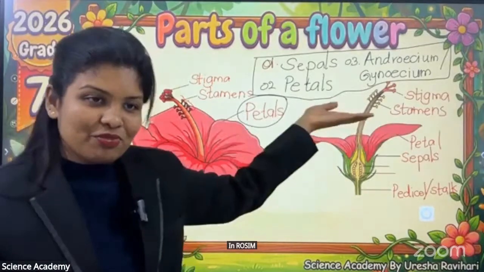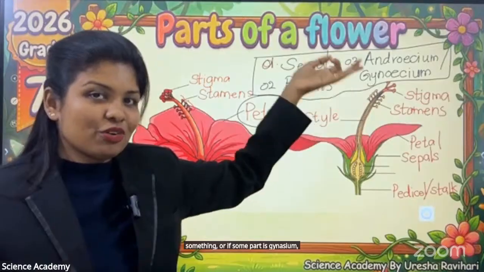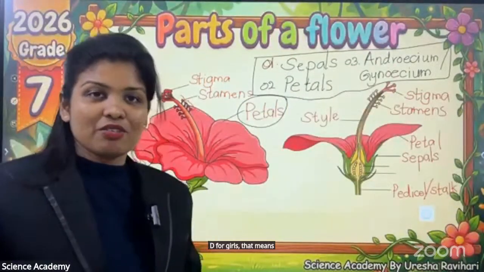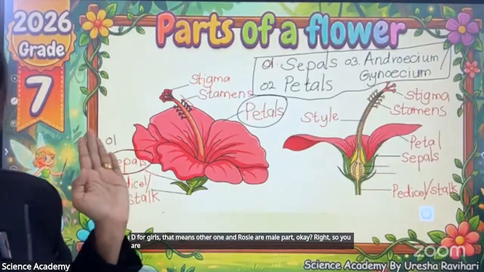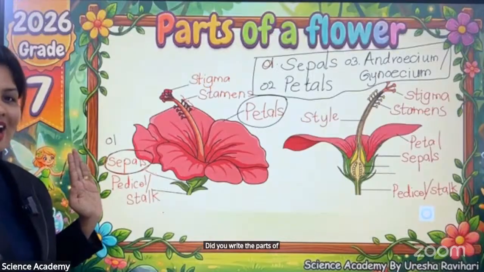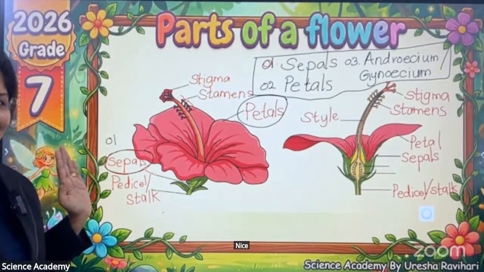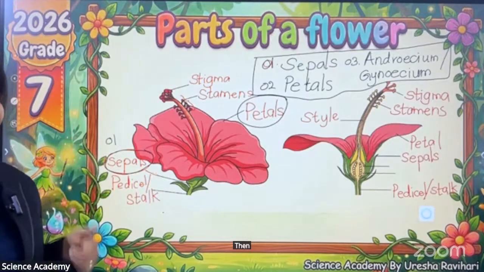If gynoecium is G for girls, that means the other one, androecium, is the male part. Okay, right. So are you finished? Did you write the parts of the flower? The student who asked, finished? Okay, done?